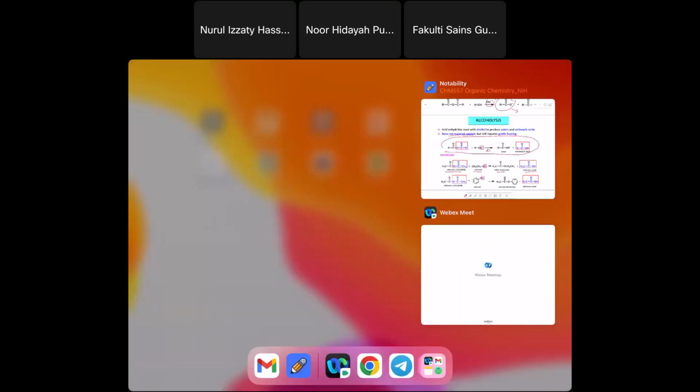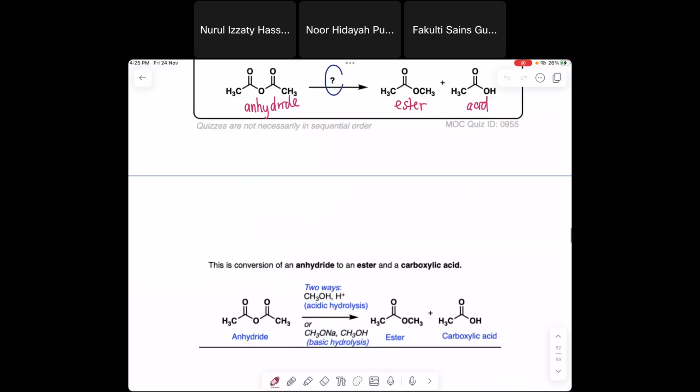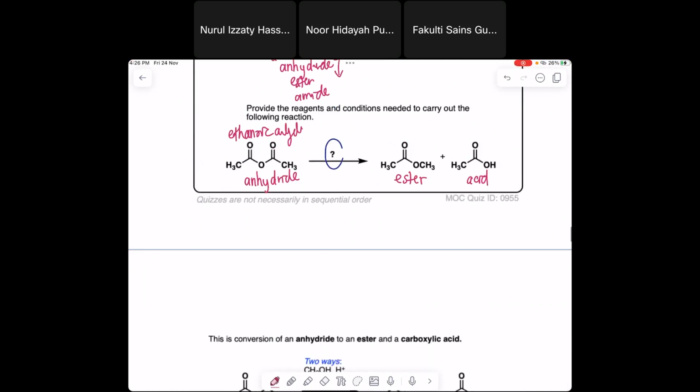Tapi dalam nama lain dia juga kat sini. Okay, so you making ester. This is kita punya ethanoic anhydride. Acetic acid and dengan ethyl ethanoate lah. Jadi ester.